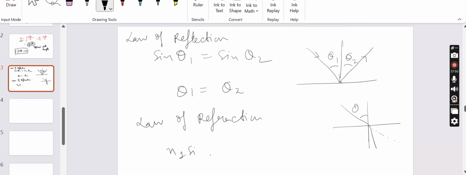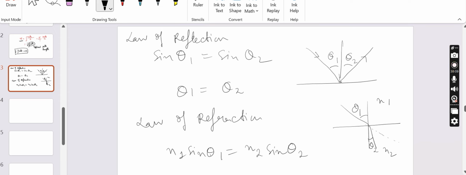So if that is the angle of incidence and that is the angle of refraction, and this medium is n1 and this is n2, then n1 sine theta 1 is equal to n2 sine theta 2.